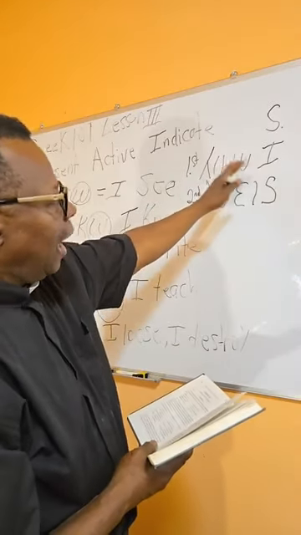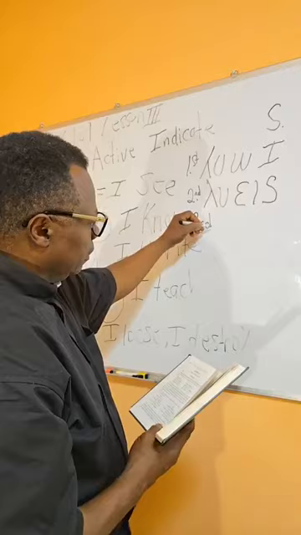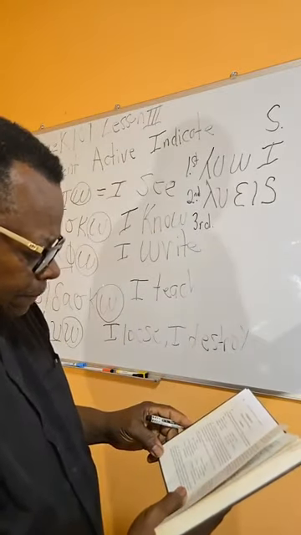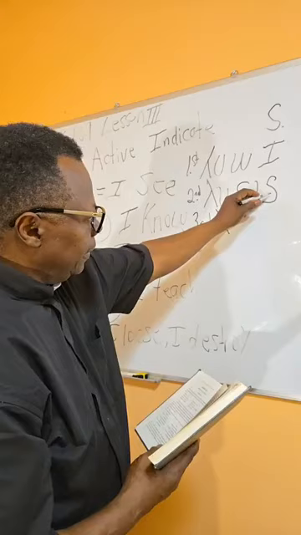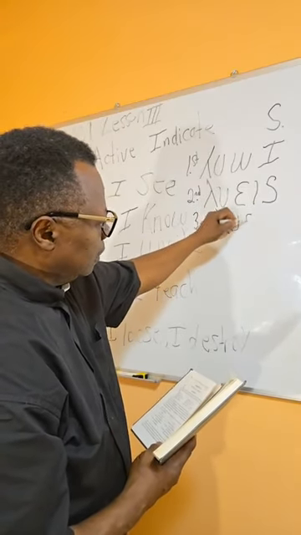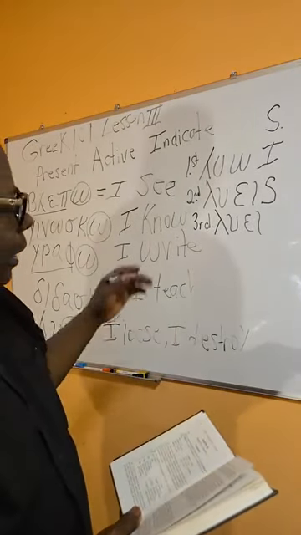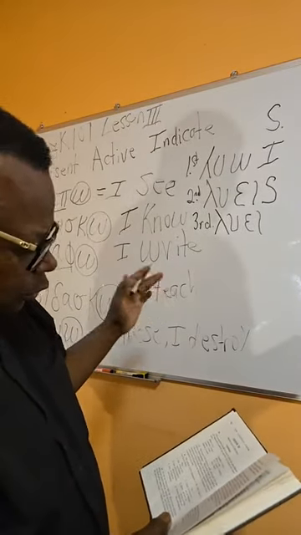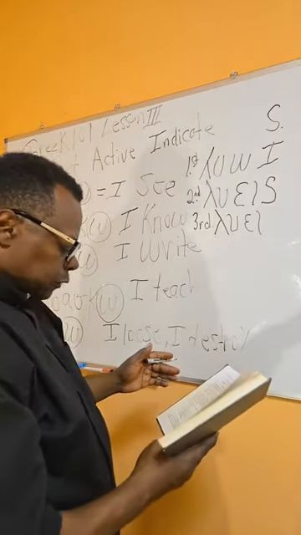Luo means I loose. Here's our third person coming up, third person singular. We have luei. Now don't let the sigma on the end fool you. It's luei without the sigma, and that means the third person. He, she, it looses. See?